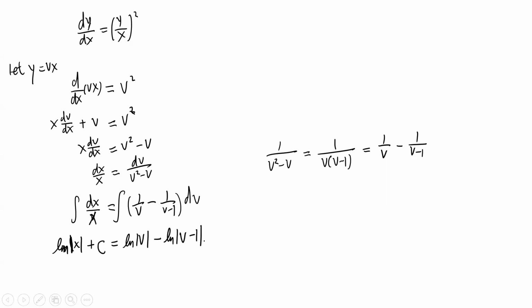In principle, on the right hand side you also need a constant, but just one constant is enough. And then what you do next is take the exponential of both sides.